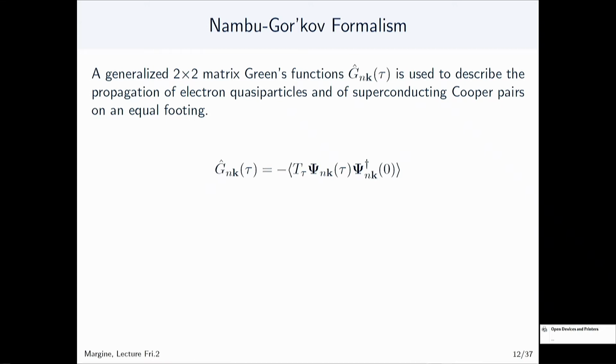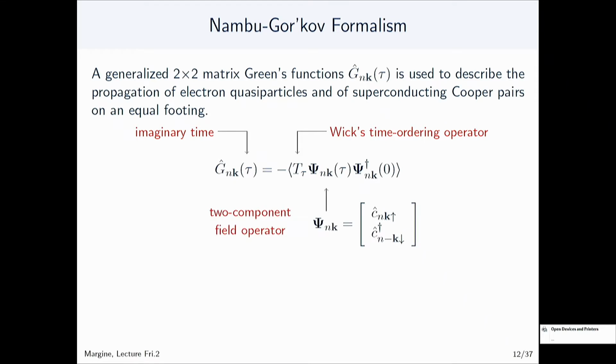So this is the generalized Green function, and again, this looks quite familiar to what we've seen on Wednesday. This tau is an imaginary time. This T_tau is the time-ordering operator, and the only difference is that while on Wednesday this was just a single operator, now it is a two-component field operator.